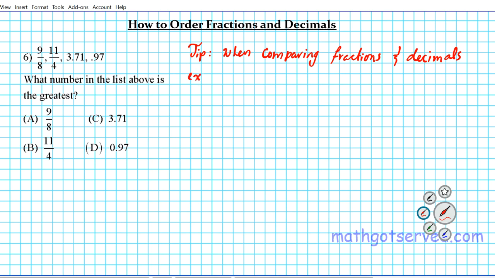Express all the numbers as fractions only or decimals only. Basically convert them to the same form. In some problems, it's easier to convert them to fractions. In others, it's easier to convert them to decimals. In most cases, personally, I think converting everything to decimals is pretty straightforward.